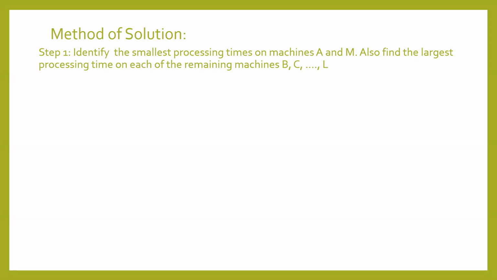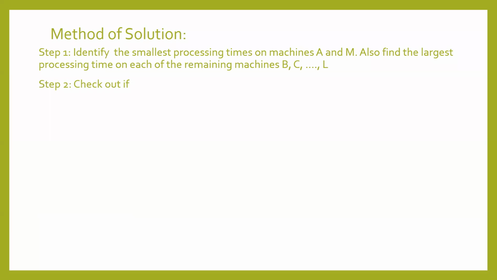So for the first machine and the last machine, we identify the smallest processing time, and for all the machines between the first one and the last one, we find the largest processing time. Clear? This is my first step.